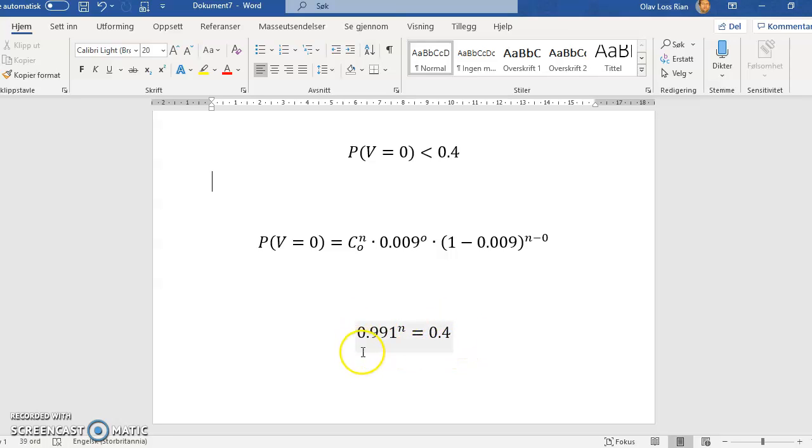We could solve this graphically to find our n. And this is what we want to find out, the number of trials necessary. So we could look at this in GeoGebra first, and then we could look at the calculator afterwards.